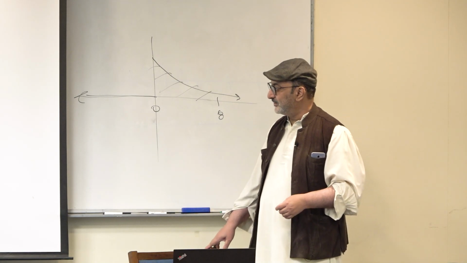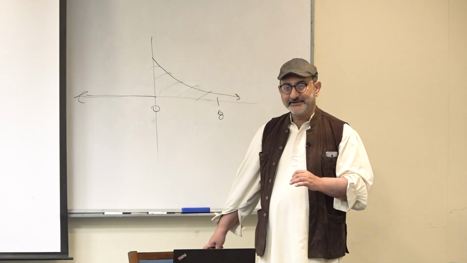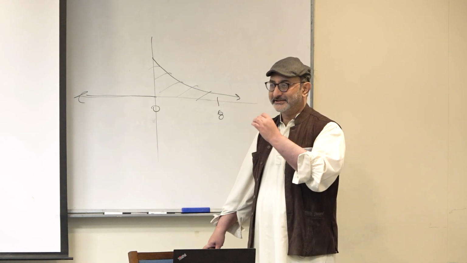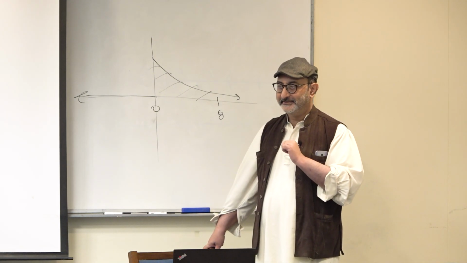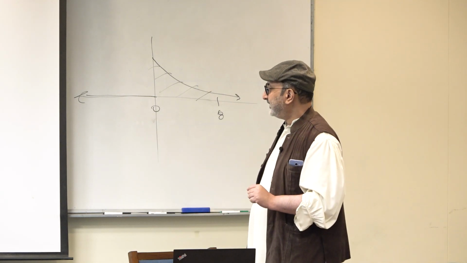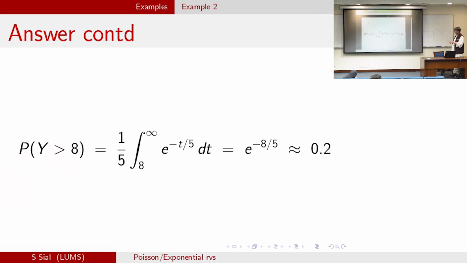If you're being very strict, you should do the integral from 8 to b and then take the limit as b goes to infinity. But anyway, 1 over beta, integral from 8 to infinity, e to the minus t over beta dt, works out to e to the minus 8 over 5.